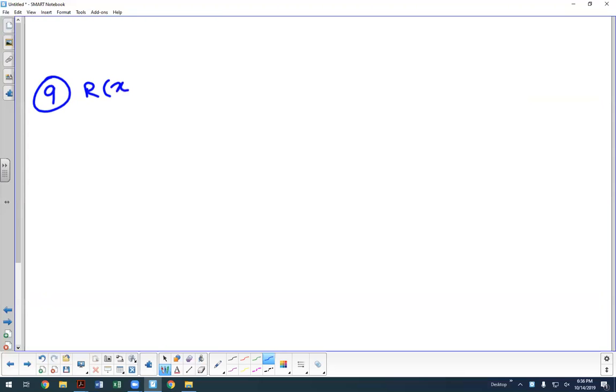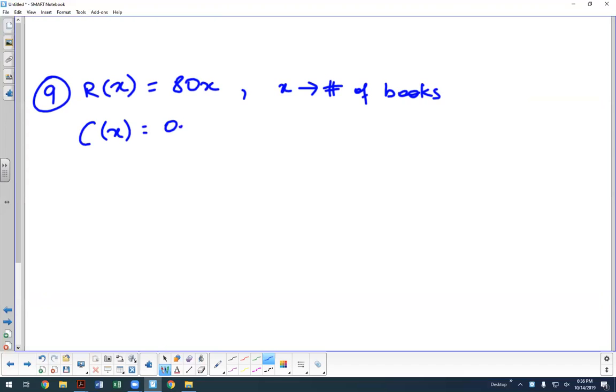The revenue function is defined as 80 times x, where your x represents the number of books. The commission function is at 10% commission on your revenue, where the x is defined as the dollar amount from your revenue, right?